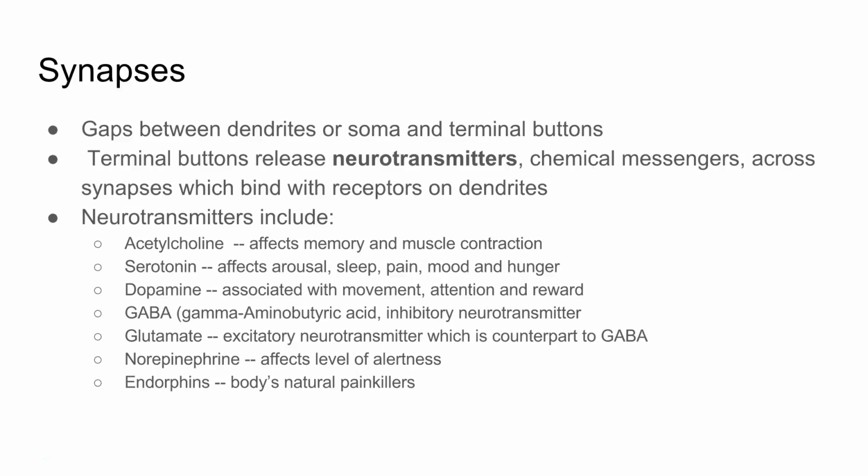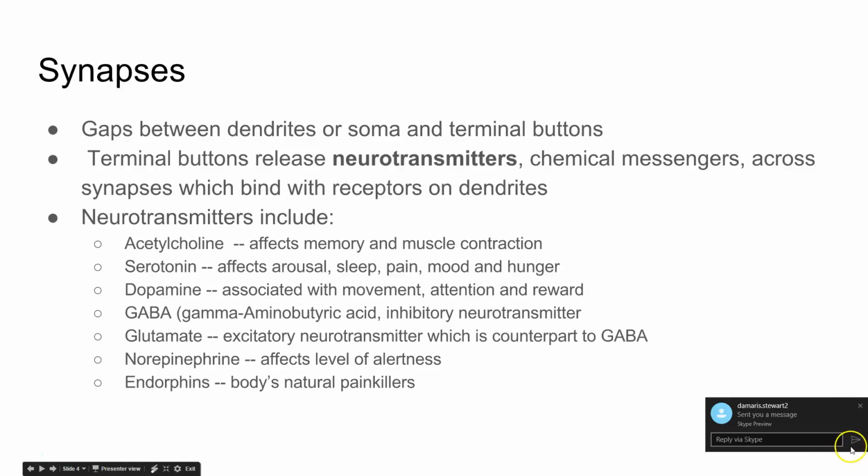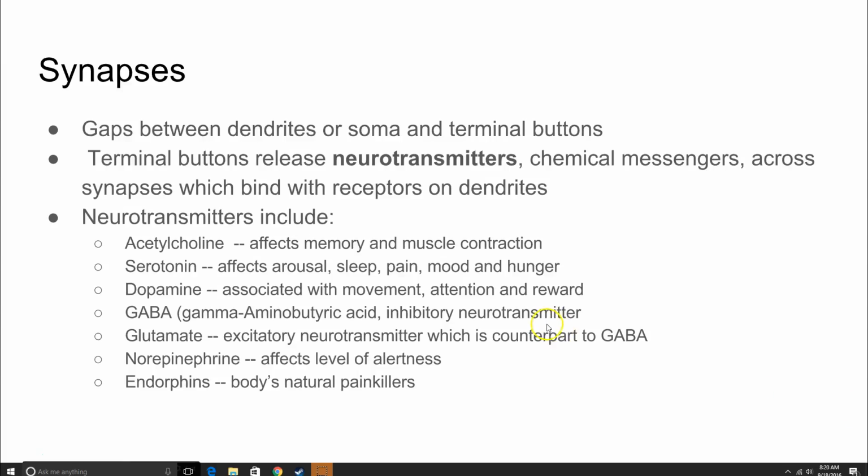Acetylcholine is important, especially in the heart. Serotonin is important in how it affects arousal, sleep, pain, mood, and hunger. So that is dealing with the emotions of the body. Dopamine deals with movement, attention, and reward. That is that feeling good, positive reward.